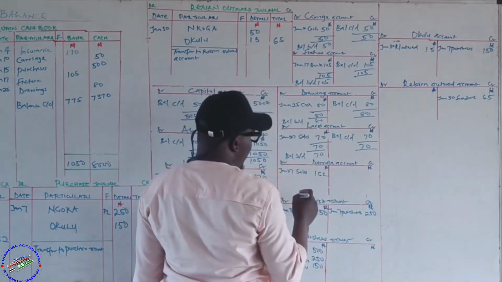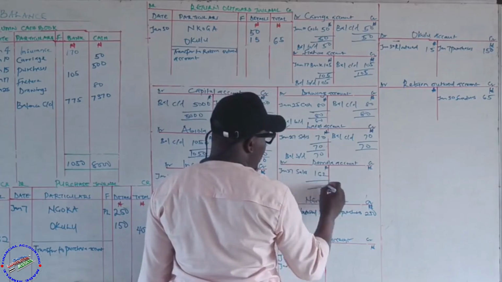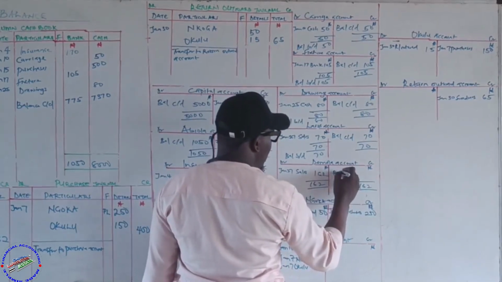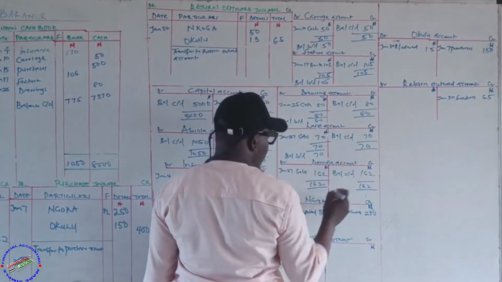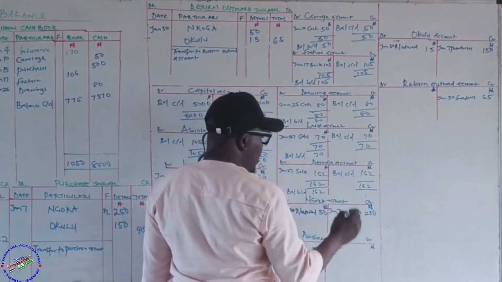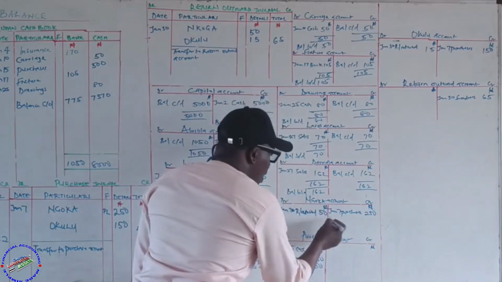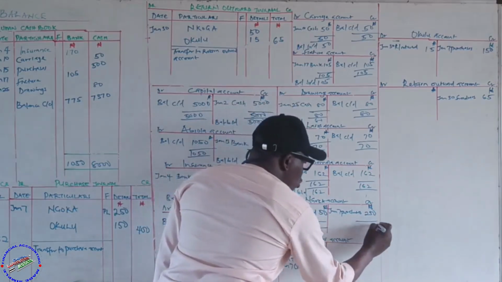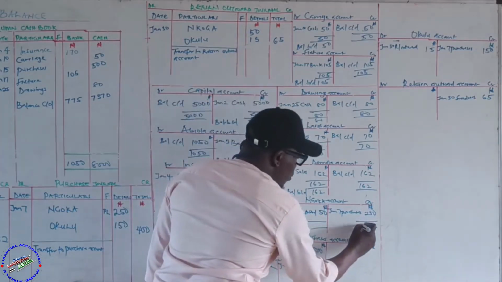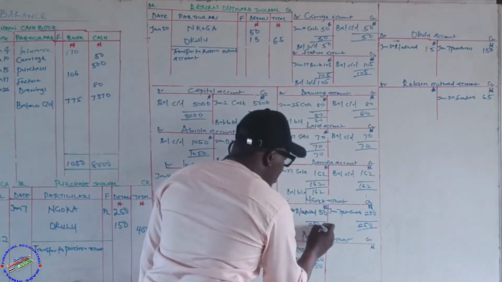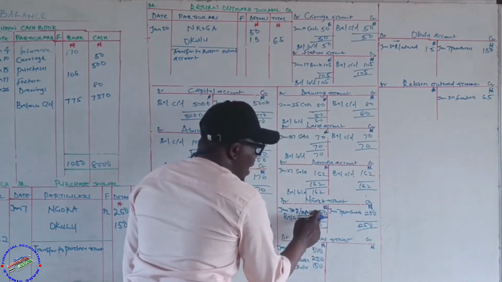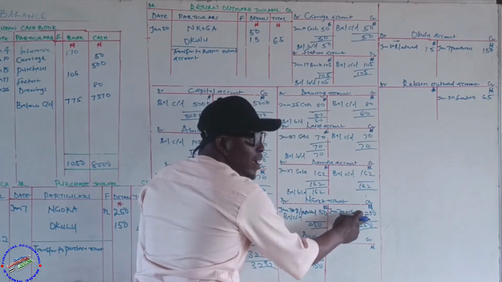For Demola, he has 162, 162. Balance CD, 162. Balance BD, 162. Now, for Ngoka, he has 250, which is greater than 50. So we use the one that is greater, 250, to close the account. To find our balance carried down, we take the smaller figure from the higher one.